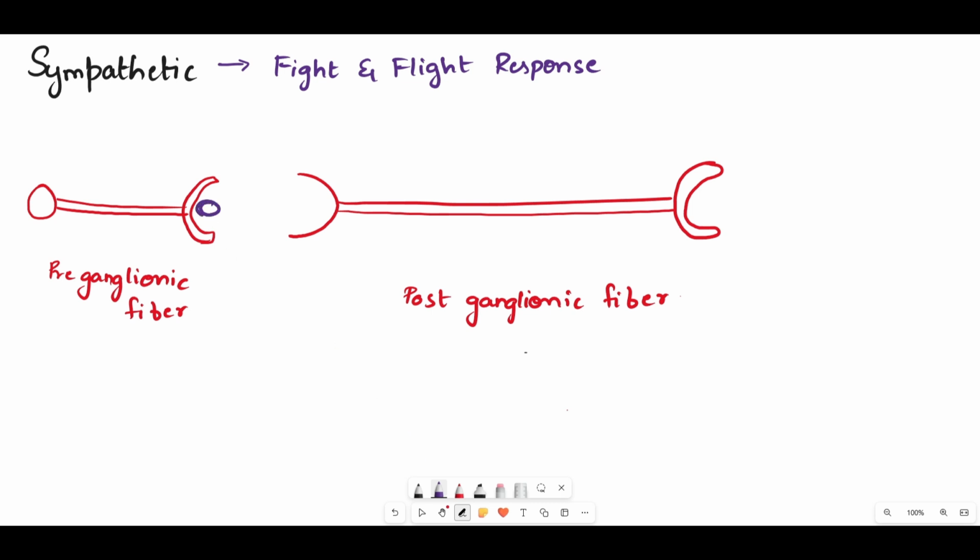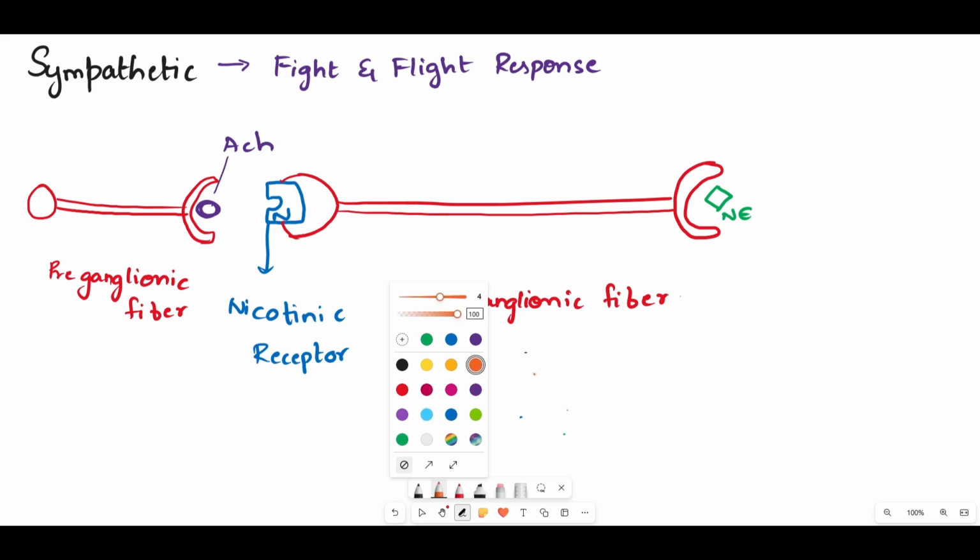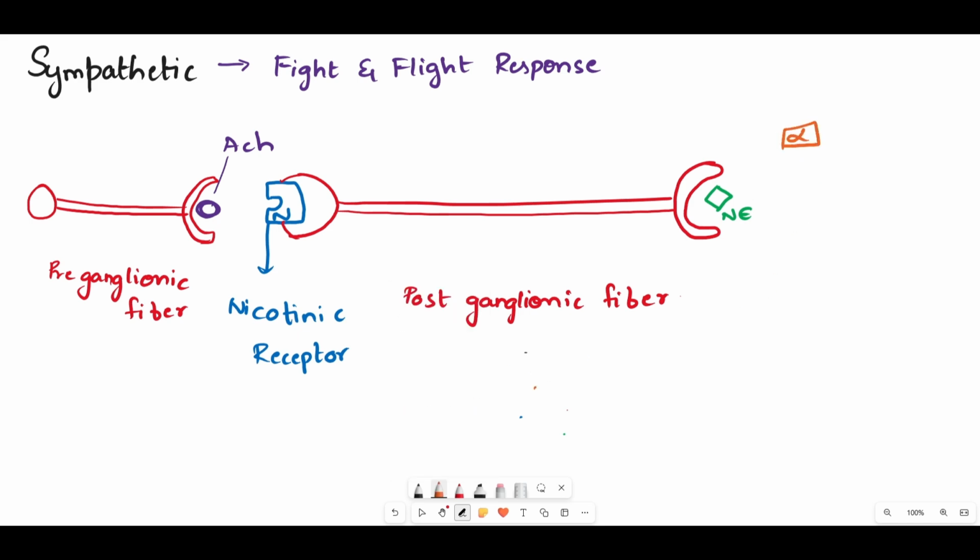And here, this molecule, we will be calling it acetylcholine. And here, this one, we will be calling it a nicotinic receptor. And here, this portion, we will be calling it norepinephrine. And here there is alpha and beta, where these two are the adrenergic receptors.